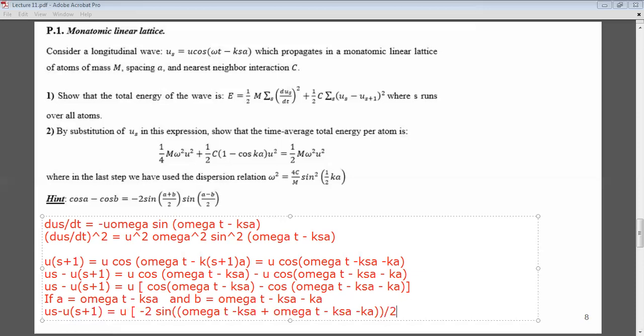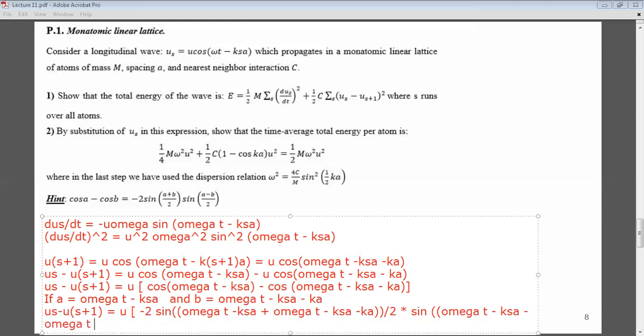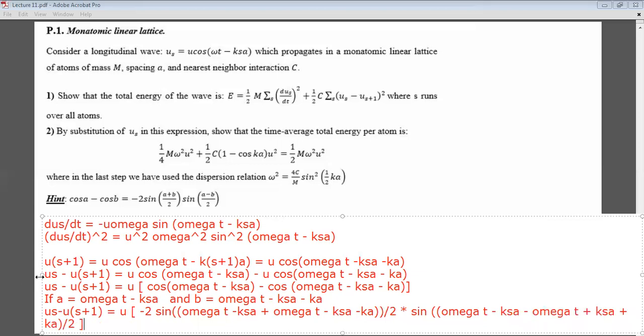This is the first part, and then it will be multiplied by sin, the same thing, but (A − B) over 2. So this will be (ωt − ksa − ωt + ksa + ka) over 2. And I'm gonna close my parentheses.